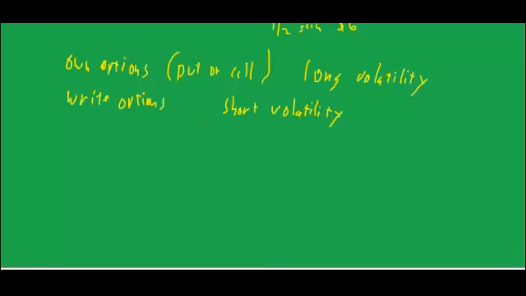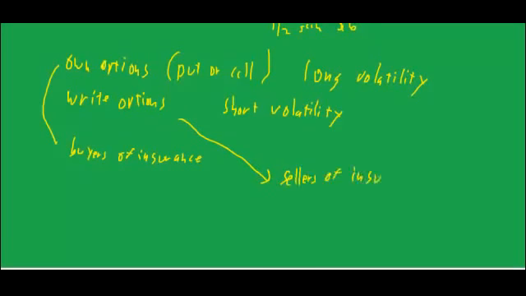Another way to put this is that owners of options, in some sense, are buyers of insurance. They look like individuals who've bought insurance policies, and people who write options look like sellers of insurance. Or another way of putting that is a big insurance company is like an option writer.